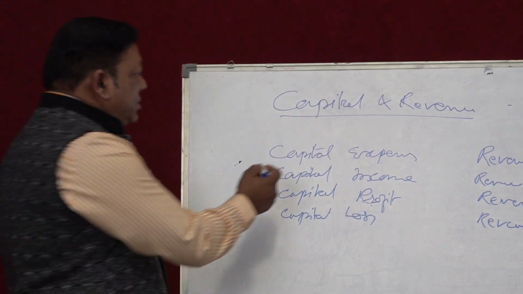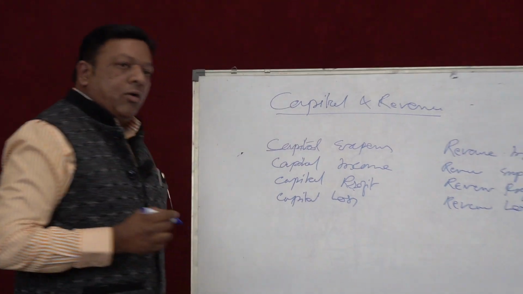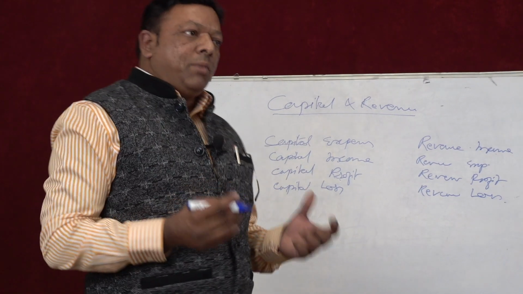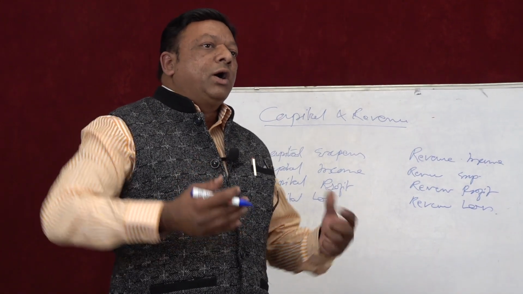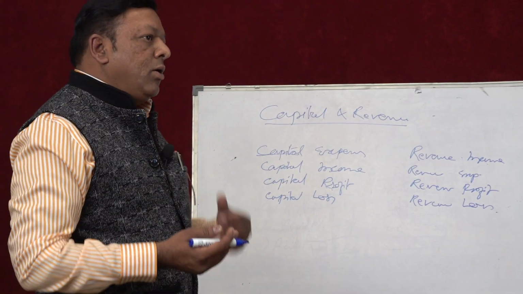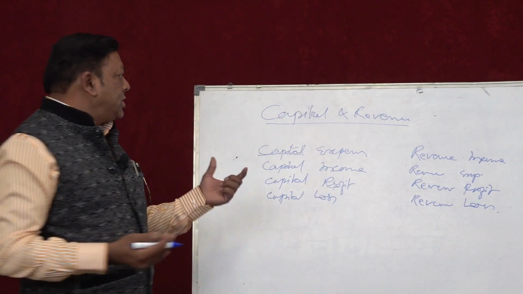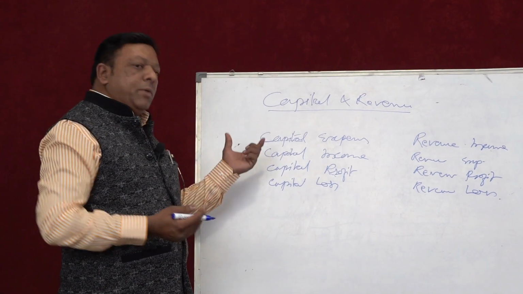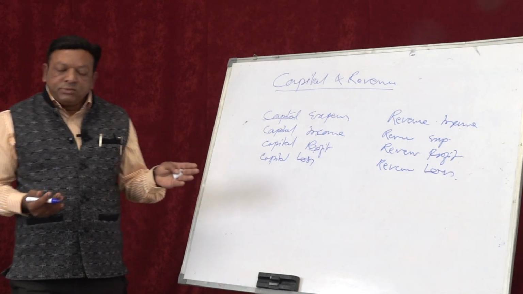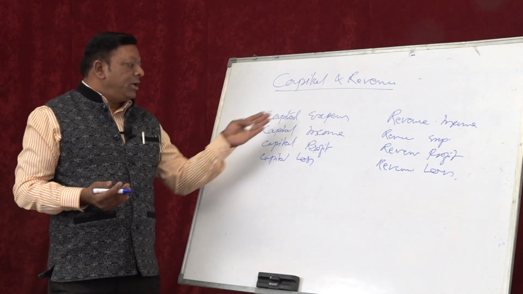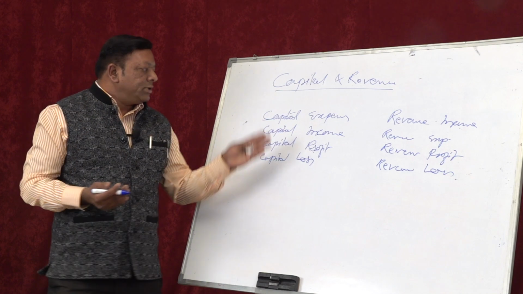So capital, exactly, capital means the amount. Generally we take the sense of the amount introduced by the owners, that is the capital. But here we can have different transactions of capital, that is capital expenses, capital income, capital profit, capital loss.